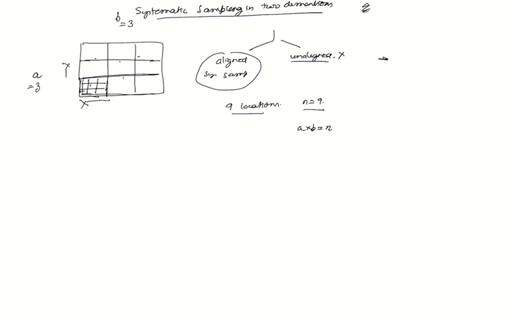We're going to say that each has R columns and there are M rows within this area.